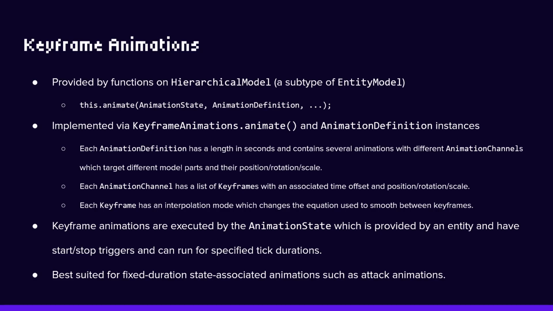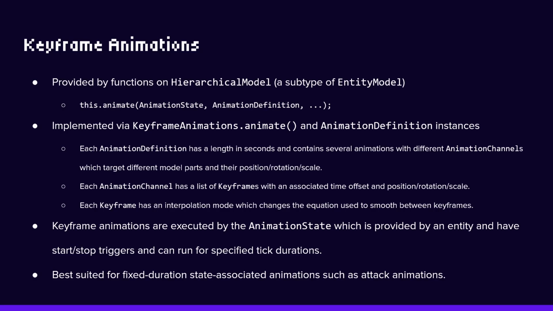You call it with an animation state and an animation definition. The state defines how the animation runs, like what duration it has, what current position in its entire duration it's at, and whether it's running or not. And then the definition is the actual animation that it's going to perform. Each animation definition has a length as well as animation channels. A channel is a part and either position, rotation, or scale.